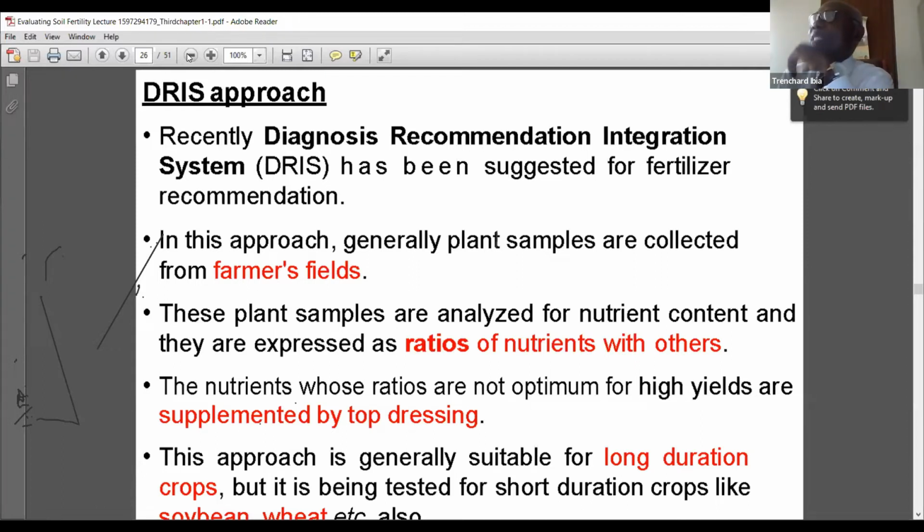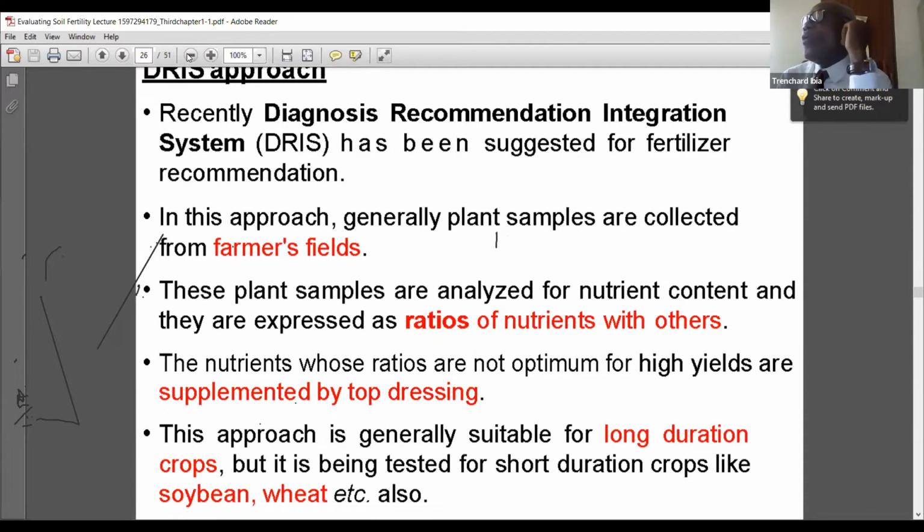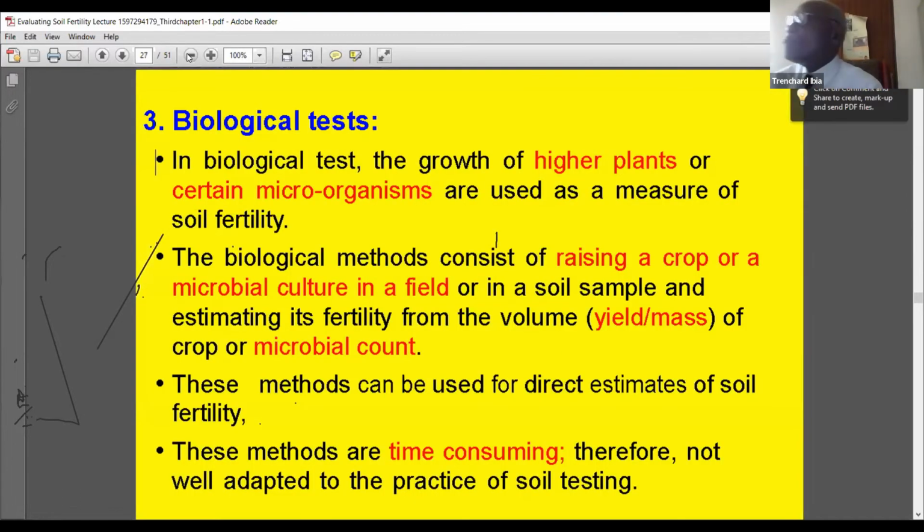We have other biological tests. In biological tests, the growth of higher plants or microorganisms are used as a measure of soil fertility. The biological methods consist of raising a crop or a microbial culture in a field or in a soil sample and estimating its fertility from the volume, that is yield or mass of the crop or microbial count.